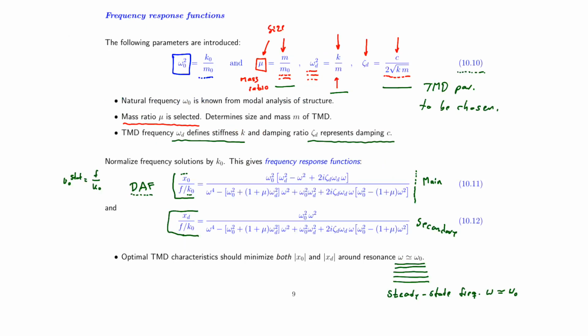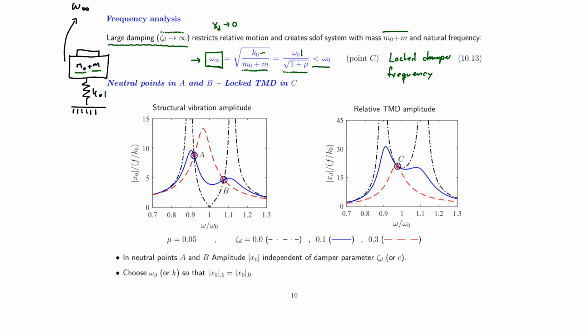Let's go back to our frequency response function. And in the following, I will draw frequency response functions or dynamic amplification factors. So I'll take the absolute value of x0. And such a curve you will see in the graph to the left, representing structural vibrations, where we will have the absolute value of x0 normalized or divided by the static deflection.